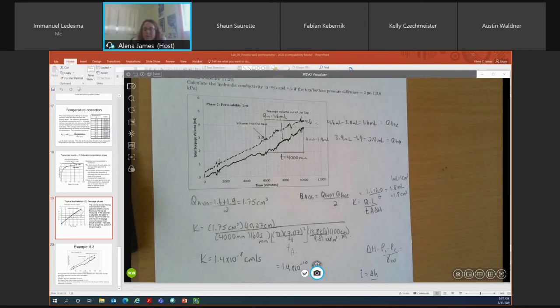But I'm not aware, unless you did something in Mike Robb's class on flow nets. Flow nets allow you to calculate seepage under an embankment structure. That's what flow nets are used for. They're also used to determine the stability of a structure, so whether your critical hydraulic gradient has been exceeded or not.